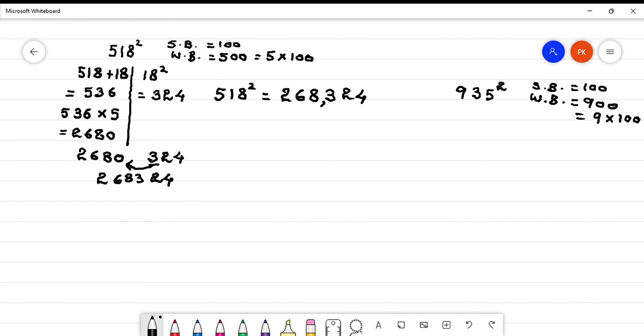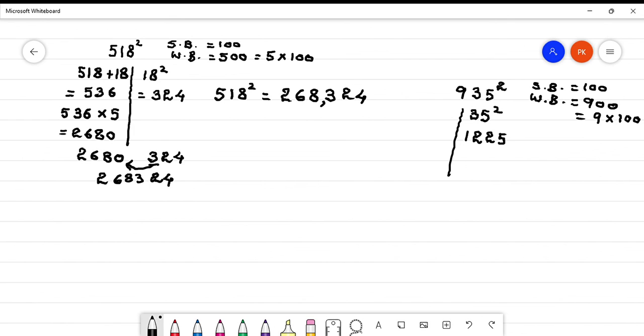So again make the partition. On the right side of the partition, write 2 digits 35, square it. And already we have found out 35 square, that is 1225.